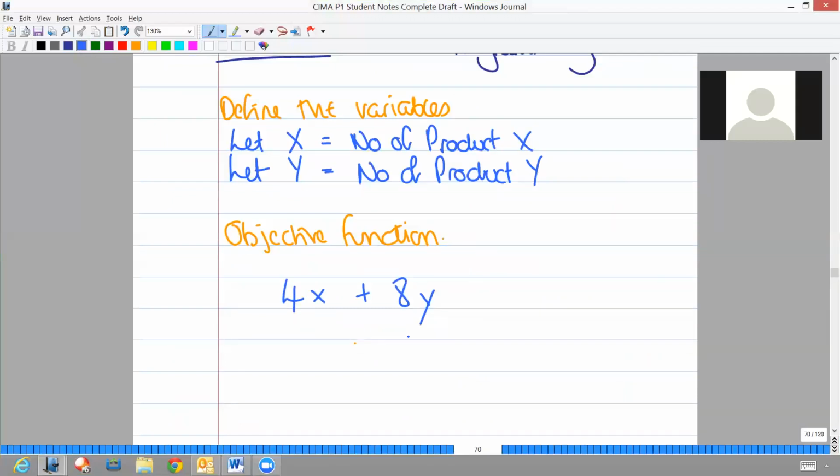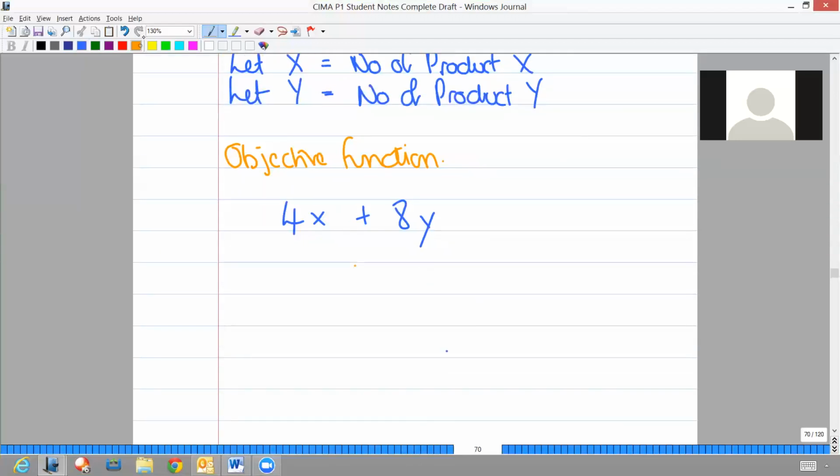When you get to the end and you need to state what the profit or contribution is that you can earn, you simply multiply 4 by the number of product X and multiply 8 by the number of product Y. The rest of DOFPIES is going to help us figure out what these numbers actually are. So that's our objective function, which is very straightforward.